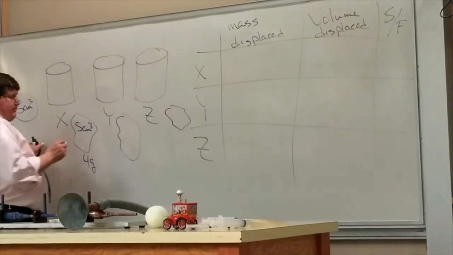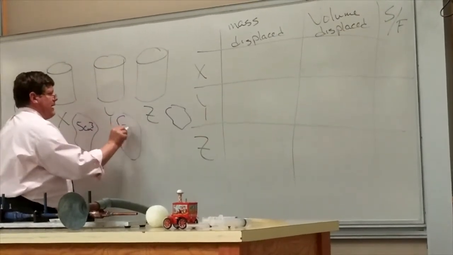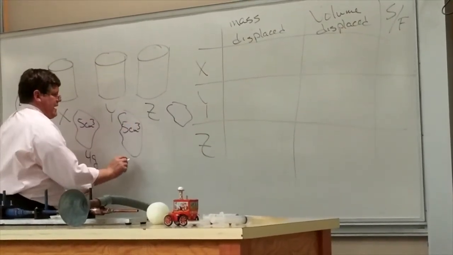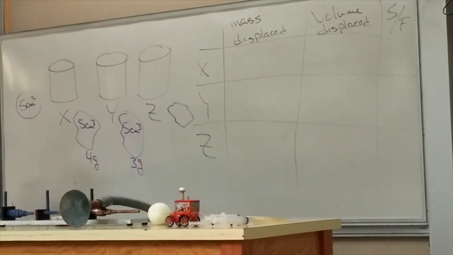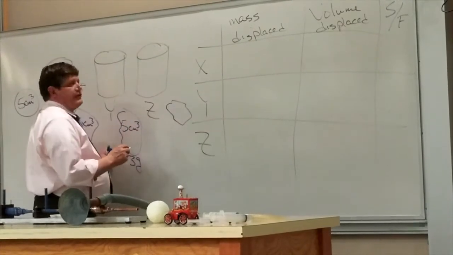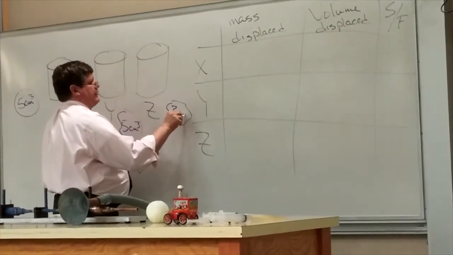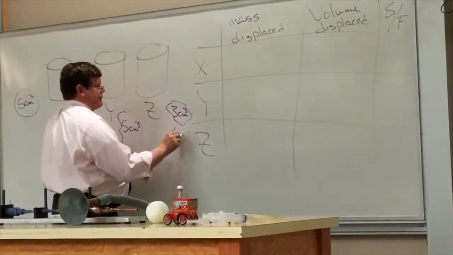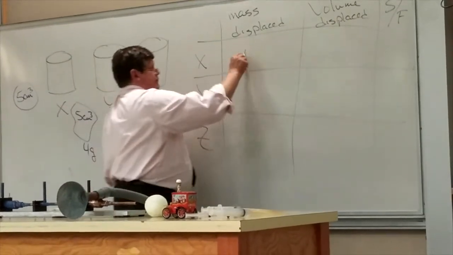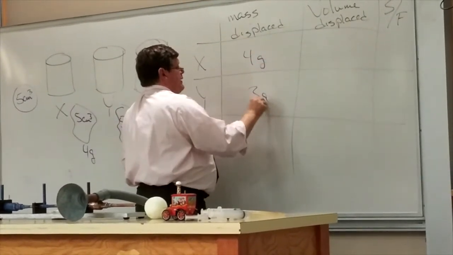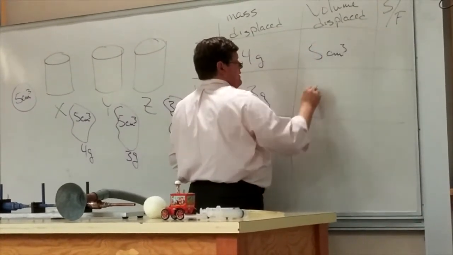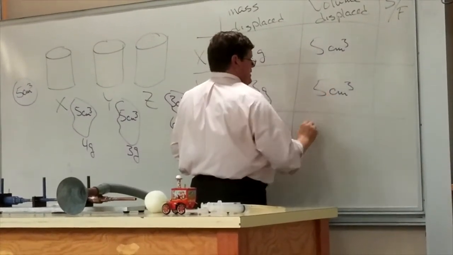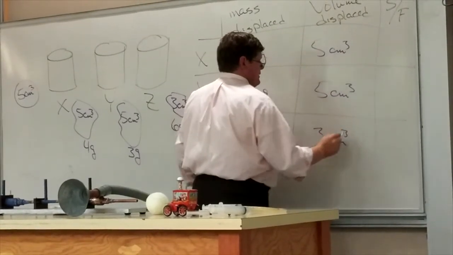For bucket Y, we have 5 centimeters cubed, and it has 3 grams, the spilled liquid. And for Z, we only have 3 centimeters cubed, and it has a mass of 6 grams. So this would be 4 grams, 3 grams, 6 grams, 5 centimeters cubed, 5 centimeters cubed, 3 centimeters cubed.